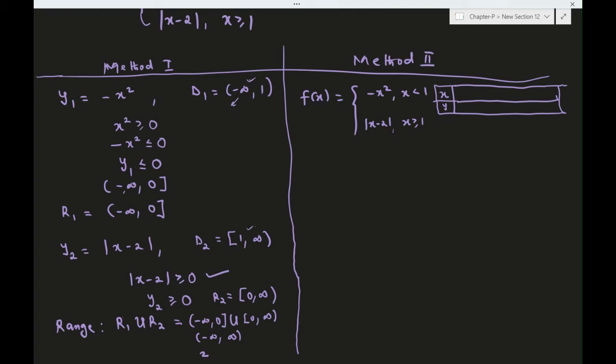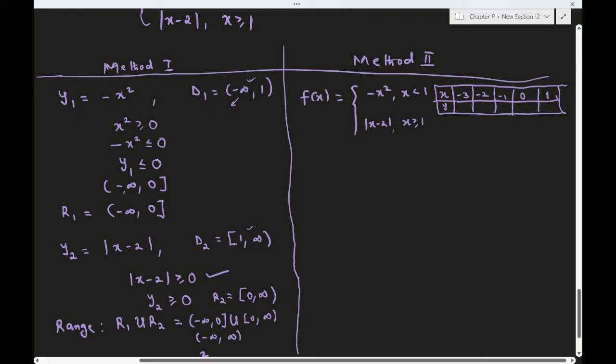So we can pick some values of x that are less than what? Less than 1. So we can start from, say, minus 3. We can go with minus 2, minus 1, 0. Then we can stop at 1. But don't forget, we know here x is not equal to 1. So we put an open circle here.